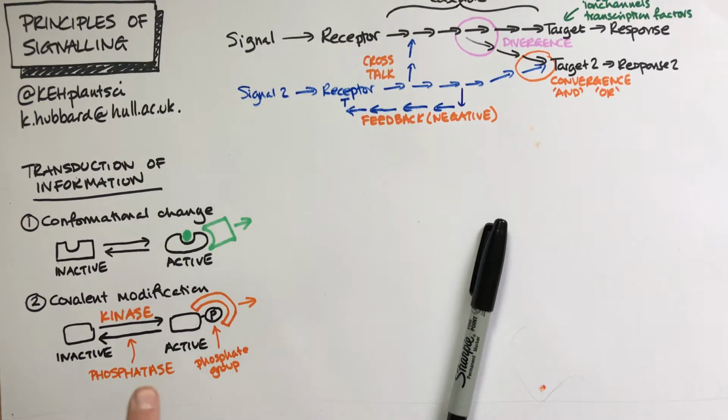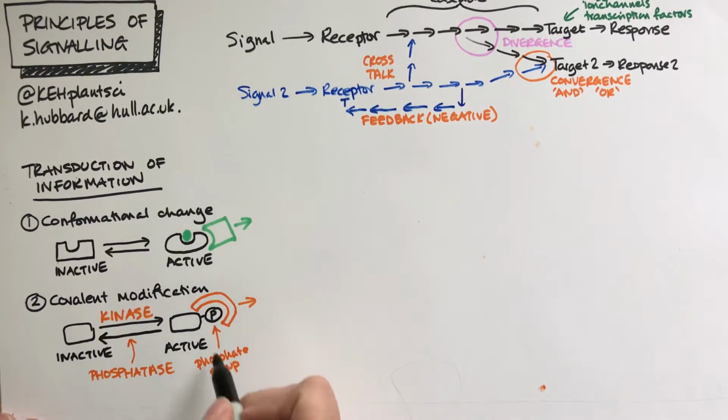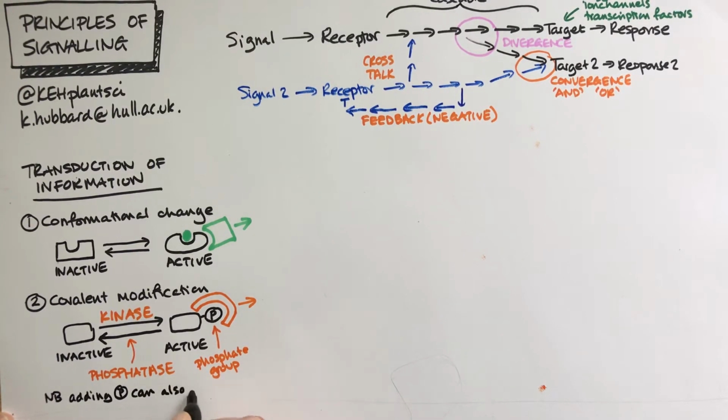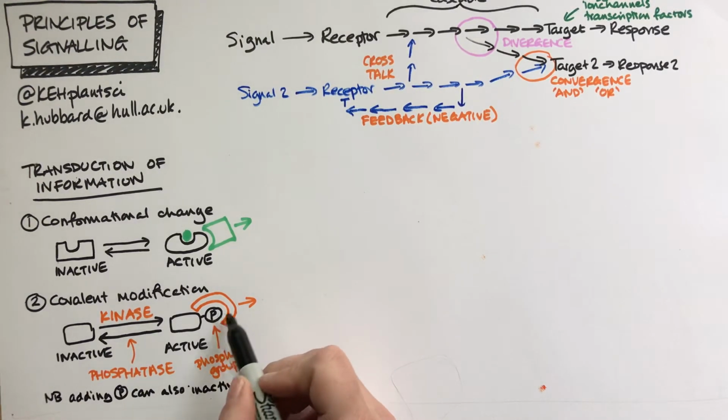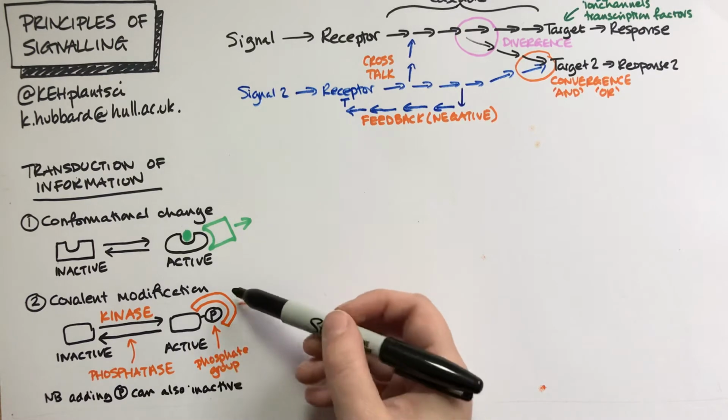So usually adding a phosphate group activates it, but sometimes phosphorylation inactivates. In that case, you might have an inhibitory phosphate. So let's say you've got a phosphate in the active site of a protein.